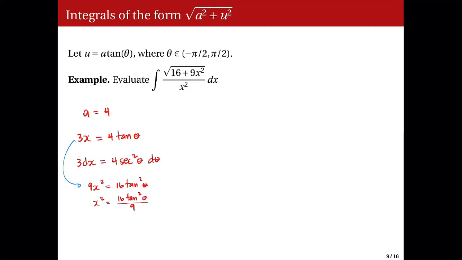Therefore, if we compute the square root of 16 plus 9x squared, this is equal to the square root of 16 plus 16 tangent squared theta, or we just have 4 secant theta.